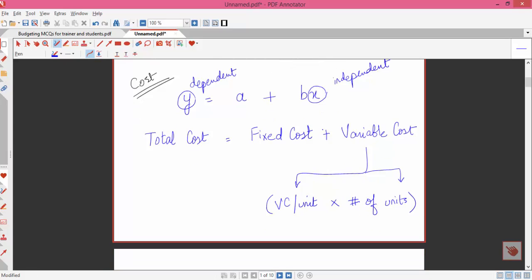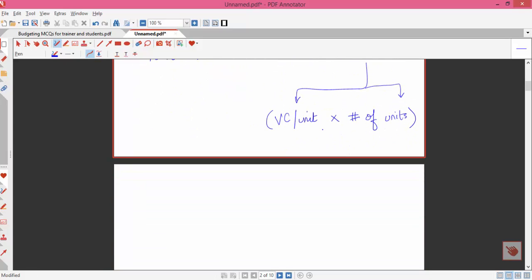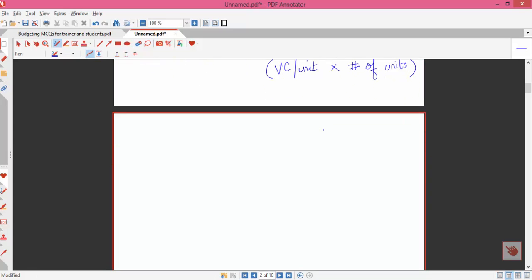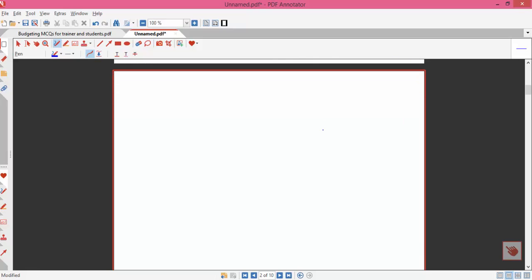Moving on, let's take an example of revenue. How can we use regression analysis in revenue? Again, I will write here y is equal to a plus bx.